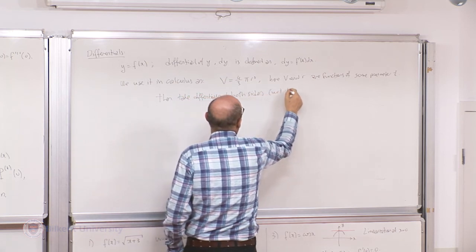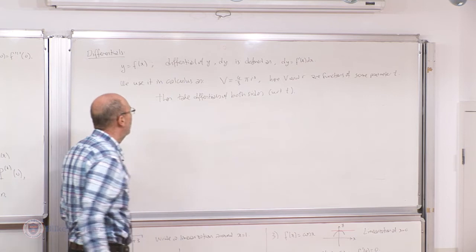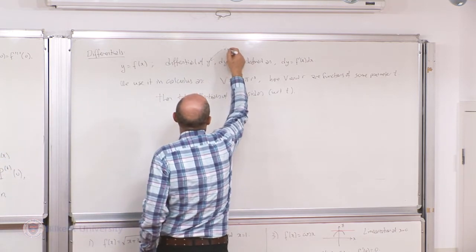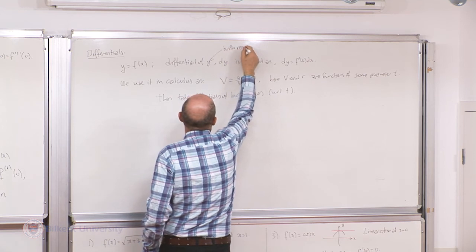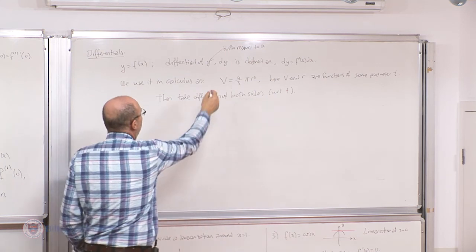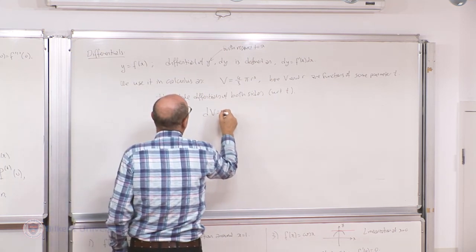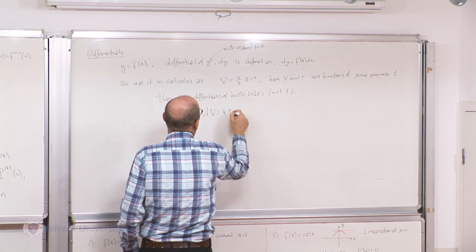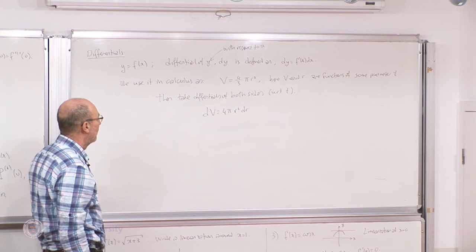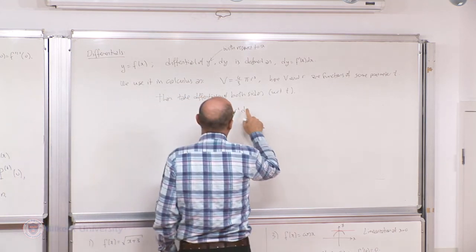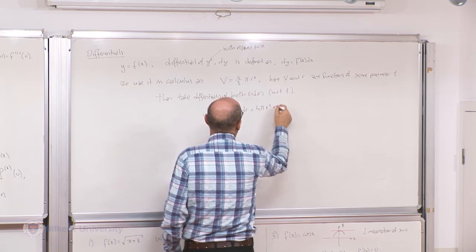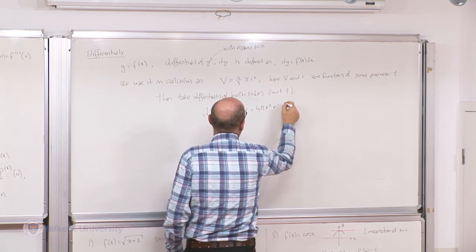With respect to t. Here we are taking the differential of y with respect to x. Then dV is equal to 4 pi r squared dr, and dr is r prime, so this is 4 pi r squared r prime dt.